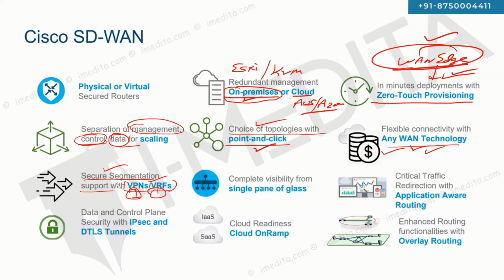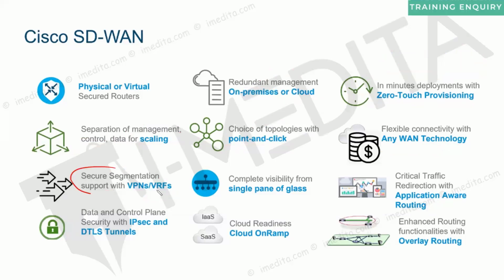Since routes will not be moving from one VRF to another, how can you expect traffic to move from one VRF to another VRF? That is also not supported. So obviously it provides secure segmentation, end-to-end across the sites. Only intra-VRF communication will be allowed. But if needed, and you need inter-VPN or inter-VRF communication, that is also possible.